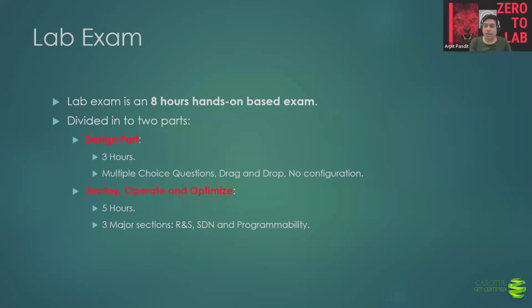In the routing and switching section, section one, you will have switching concepts like VLAN and trunking, VTP, EtherChannel, STP, and then in routing you will have EIGRP, OSPF, static routing, multicast, IPv6, MPLS, DMVPN, QoS. All these things will be in the routing part. And then comes SDN. In SDN, you will have SDA and SD-WAN.